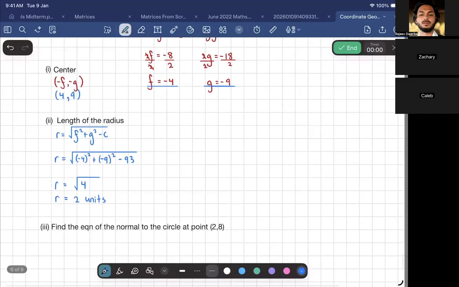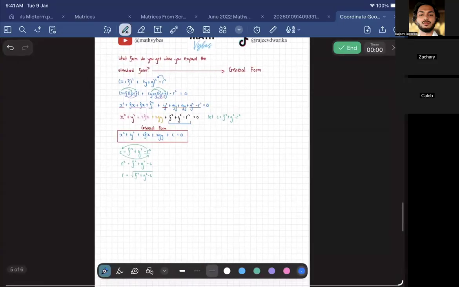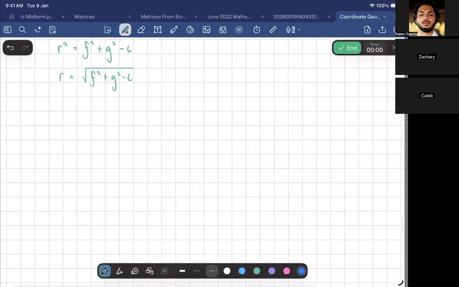Okay, part 3 now. Let me just take a little detour to show you how you'd find the equation of the normal and the equation of the tangent.